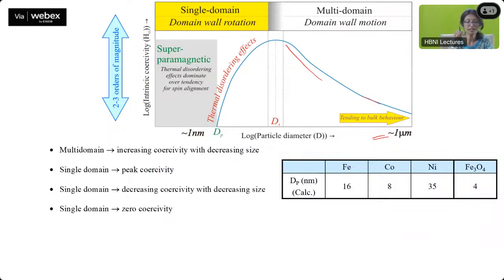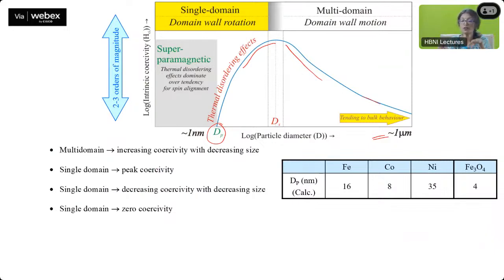As you keep on decreasing the size in the single domain, the coercivity value starts decreasing. And when it reaches a very minimum size, this particle size you can see over here, it almost goes to zero coercivity. So this is how the coercivity changes when you move from a multi-domain to a single domain.